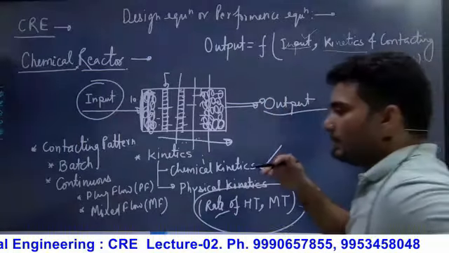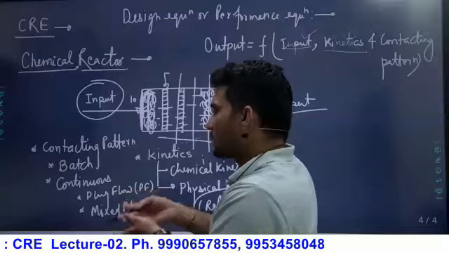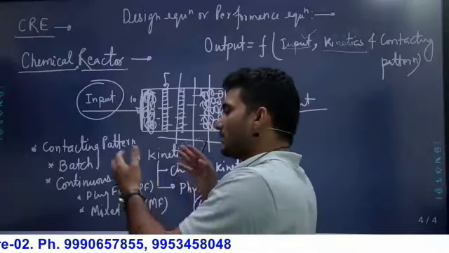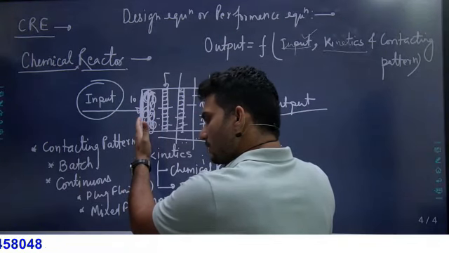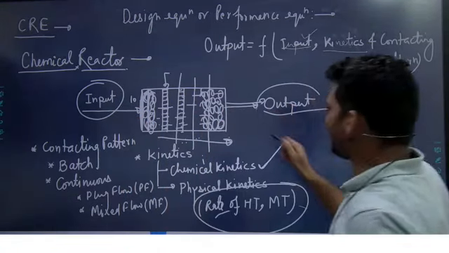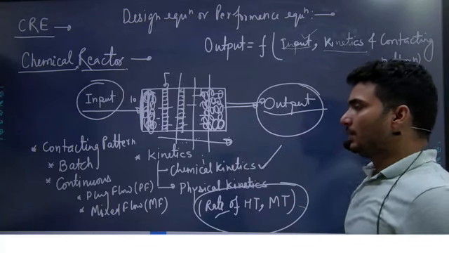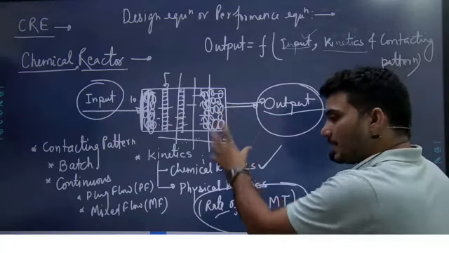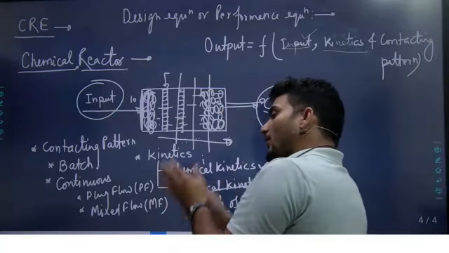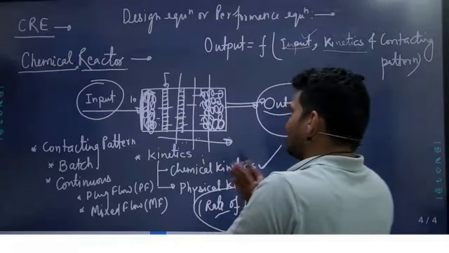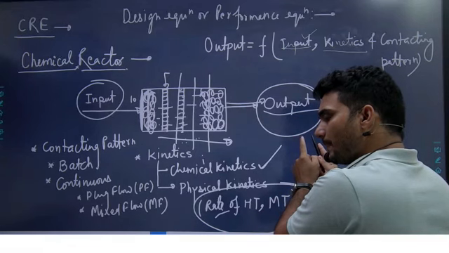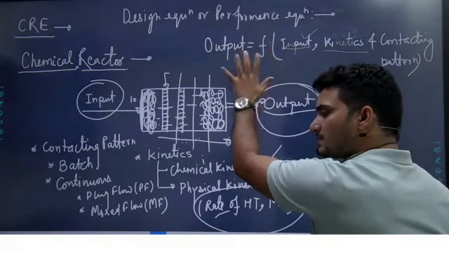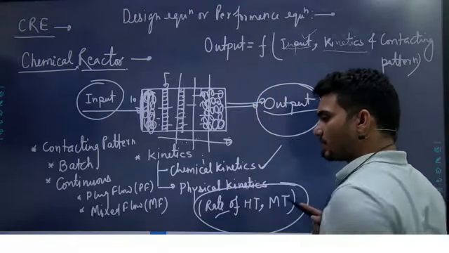Contacting pattern means how the molecules of the reactants are contacting each other inside the vessel. After that, we will find the output. So the design equation or performance equation for any reactor relates the input to the output.